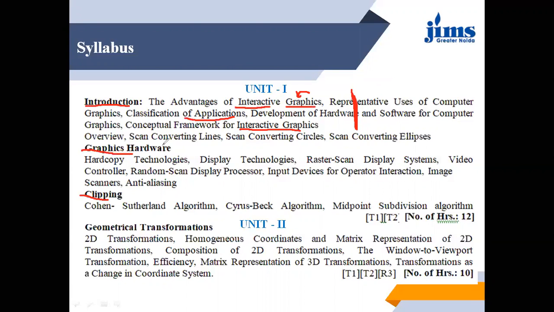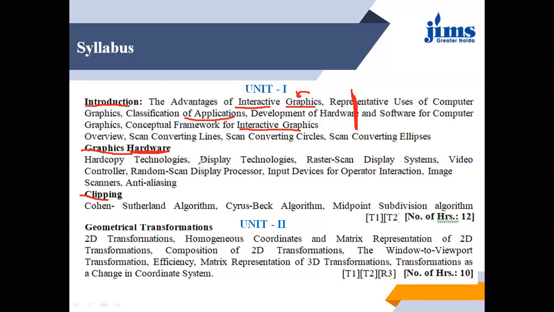In the second part of the first unit, we will discuss graphics hardware, how the display is going to be displayed on different units, and what the different techniques are by which the display can be better.